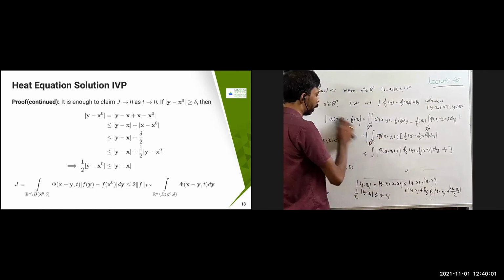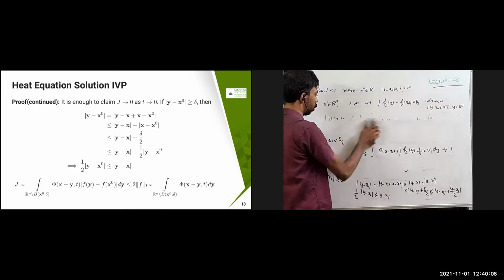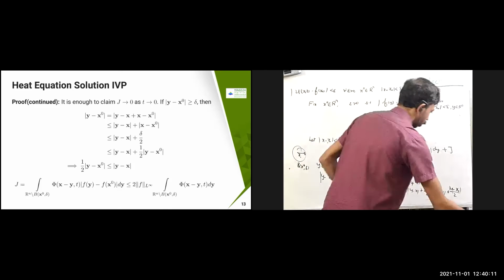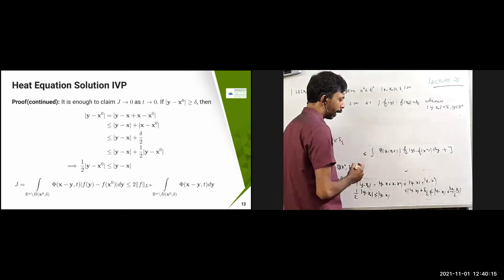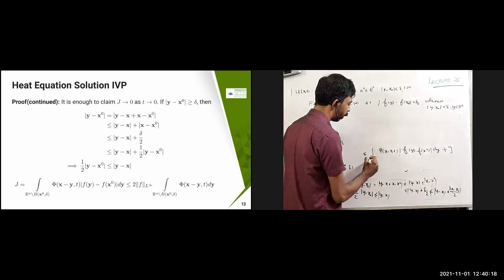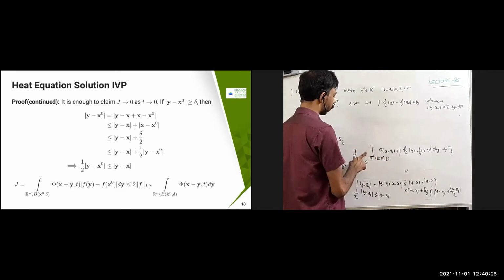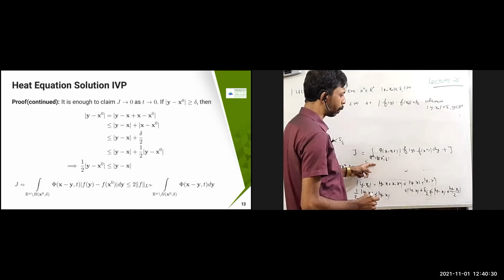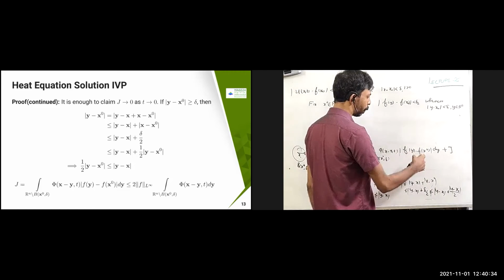This part I'm going to write: the integral of phi(x - y, t) |f(y) - f(x_0)| dy over the region outside B(x_0, delta) is my J. So J is less than or equal to the integral of phi times |f(y) - f(x_0)|, which I can write as two parts: |f(y)| plus |f(x_0)|.